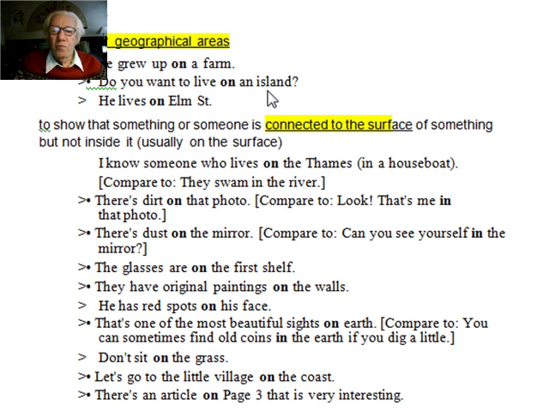But if we were talking about the photograph and said, I am in that photograph, it's not a surface, we're talking about an image, and so we're in that image.